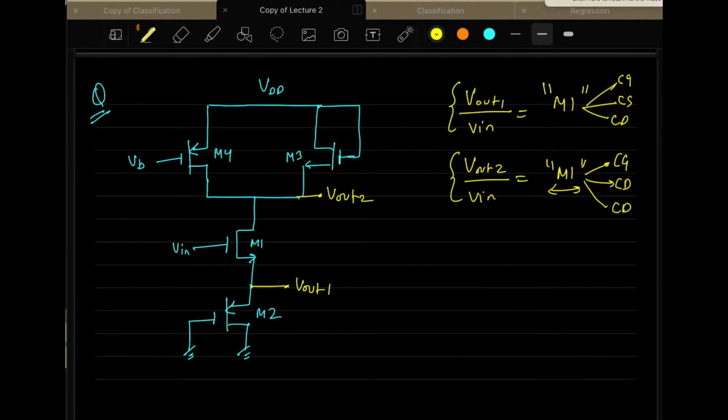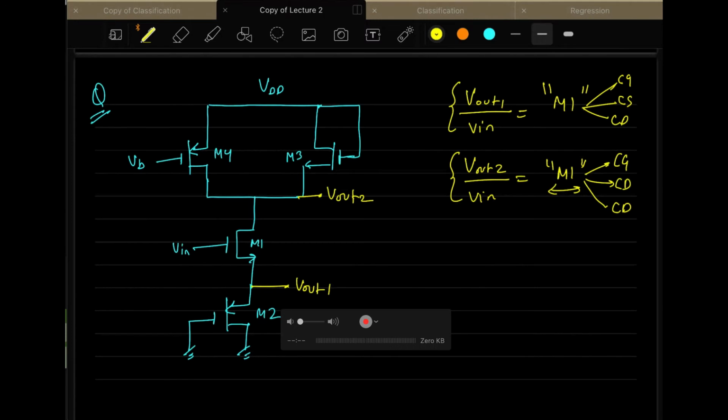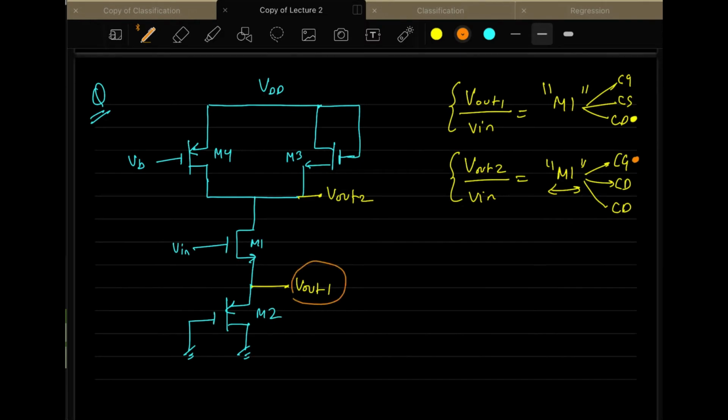In both the cases, let me know what will be the answer. See, one thing is important here. In the first case, when you are saying it's V out 1 over V in, you should see clearly that you are applying something on the gate and you are getting output at the source.